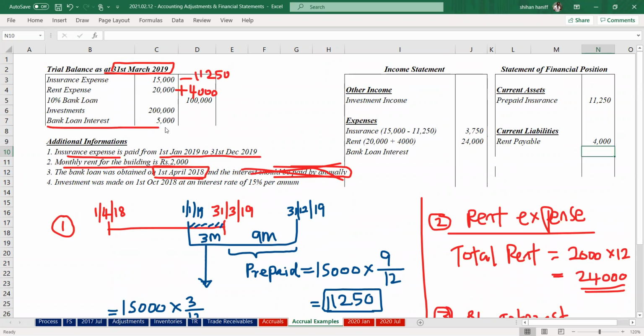Here the total interest is 10,000 and see how much is paid. Bank loan interest paid 5,000. Total 10,000 means payable 5,000. So you need to identify the payable amount. So bank loan interest under expenses, 5,000 is paid, another 5,000 is payable, total 10,000.